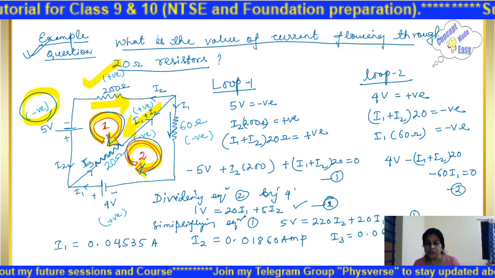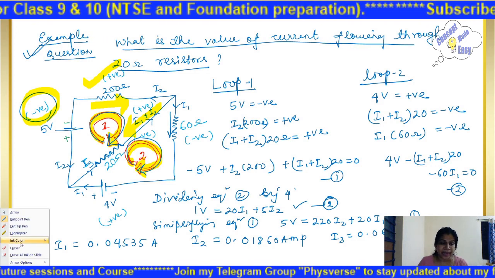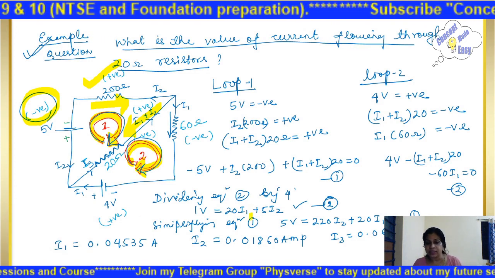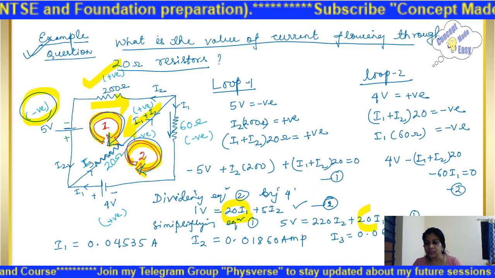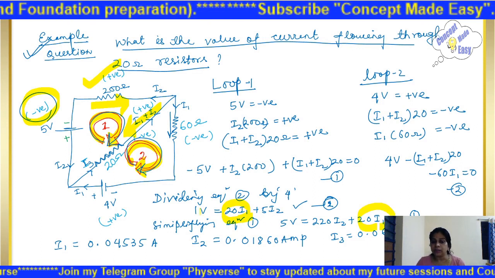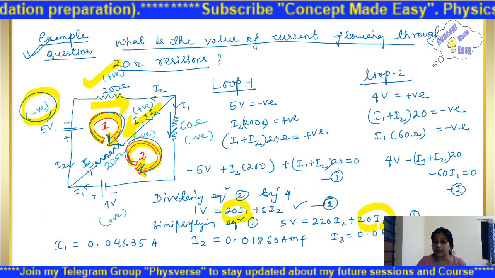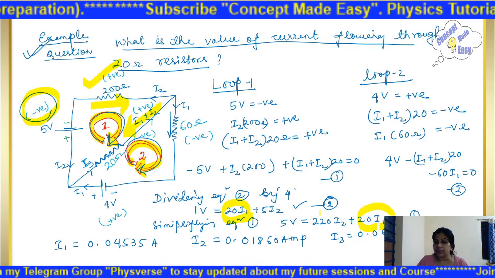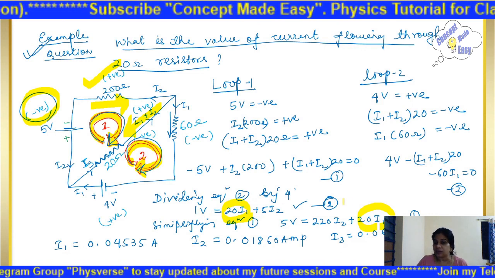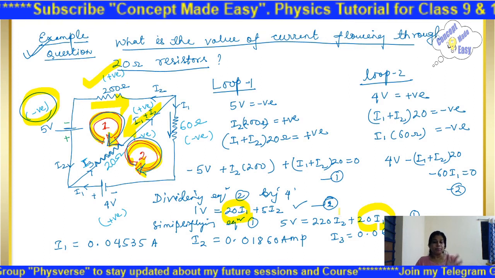You can see here, I'm just highlighting the points. This is 20 I1, this is 20 I1. This is 1 volt, this is 1 volt. So what is common here? 20 I1 and 20 I1 is common. This is equation 1, this is equation 2. So you need to simplify these two.